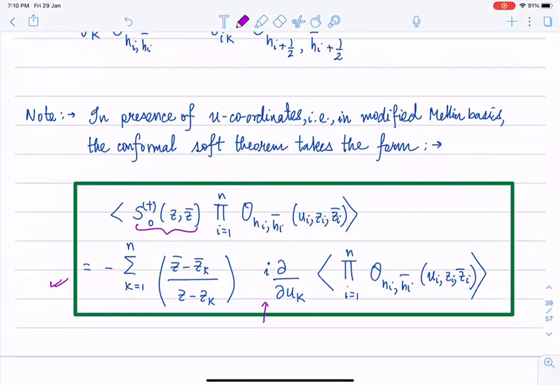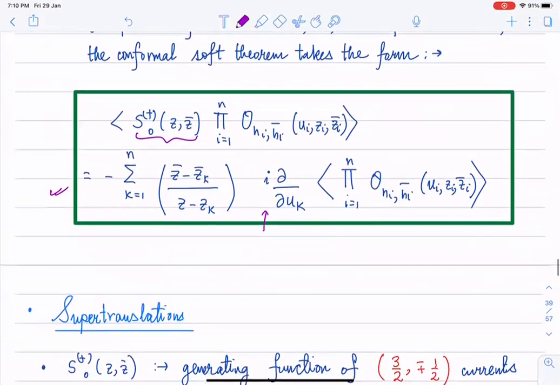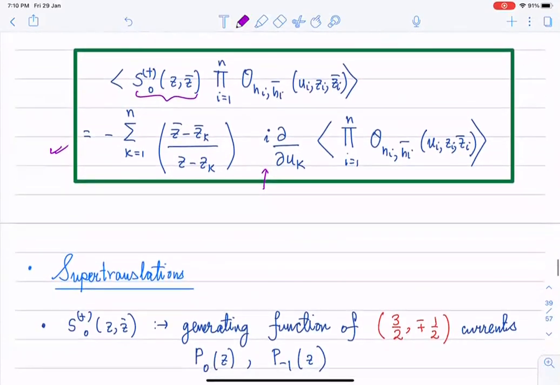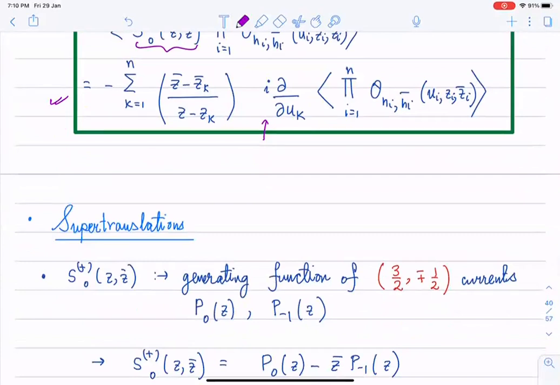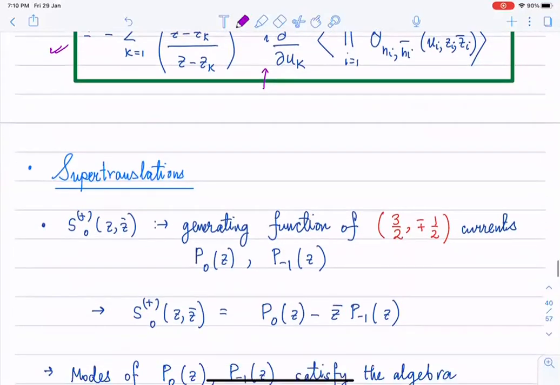Okay. So now this Ward identity has to be related to some symmetries, and we will see that this Ward identity is related to what are known as supertranslations. It turns out that using this soft graviton operator, which is this S^+_0(z, z̄), this is the generating functional for a pair of two currents, which I will denote by P_0 and P_{-1}.